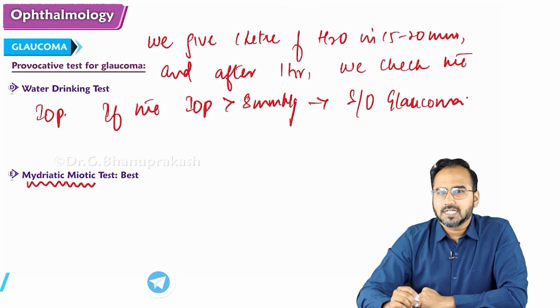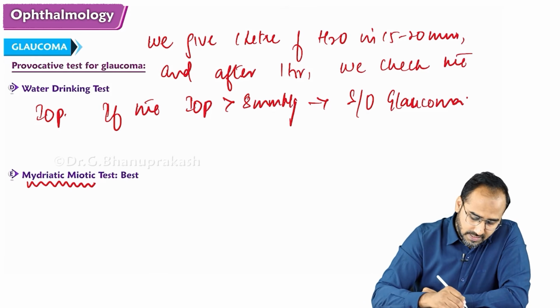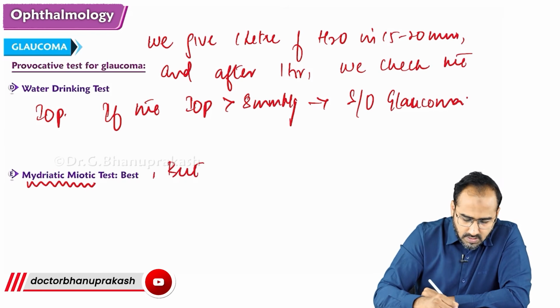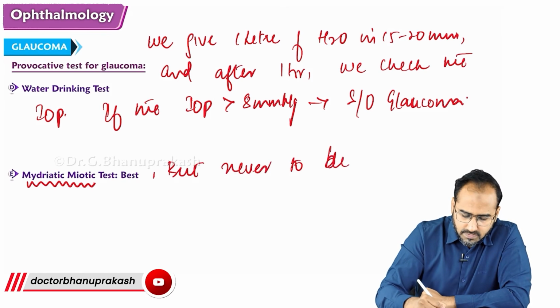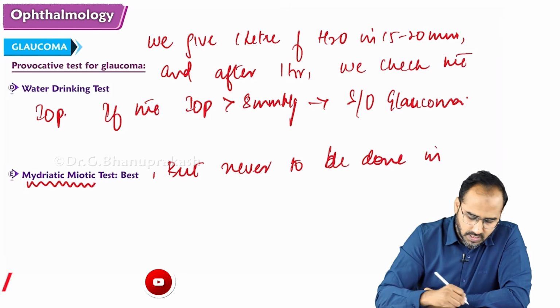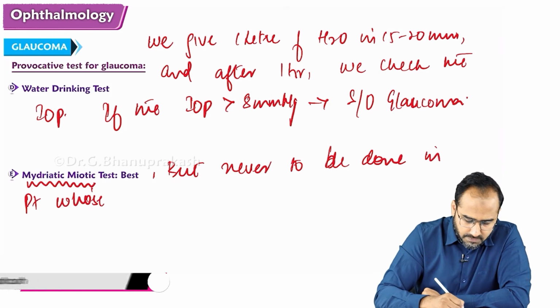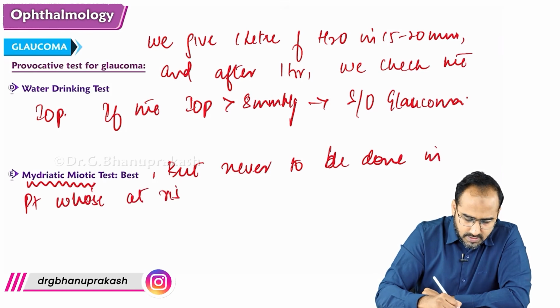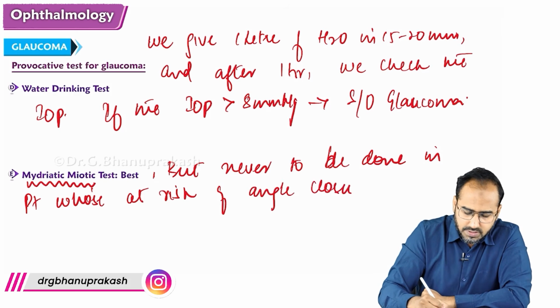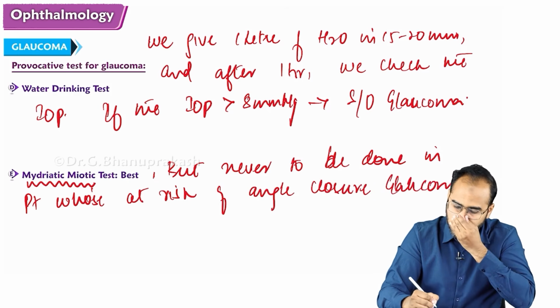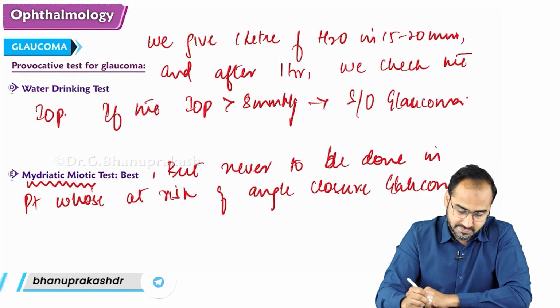It is the best test, but never to be done in patients who are at risk of angle closure glaucoma. Who is at risk of angle closure glaucoma? Basically an elderly female.